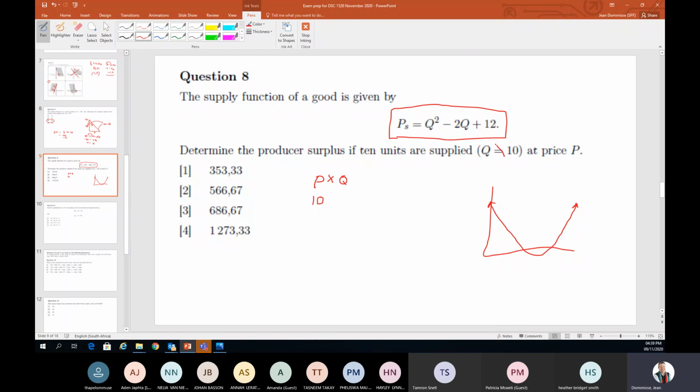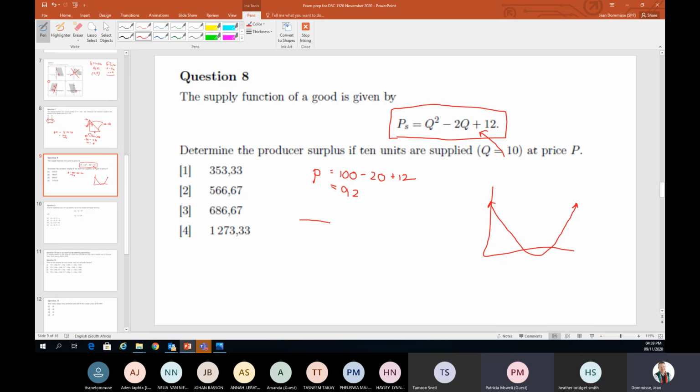Okay, so you put 10 in there. Correct. Cool. So let's quickly do that. To work out the P, it was 10 to the power of 2 minus 20 plus 12. So it gave me a 92.